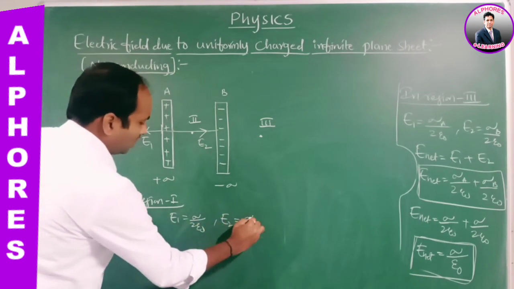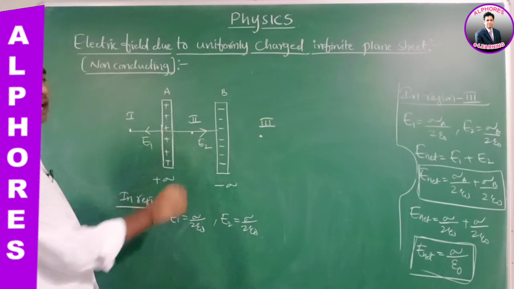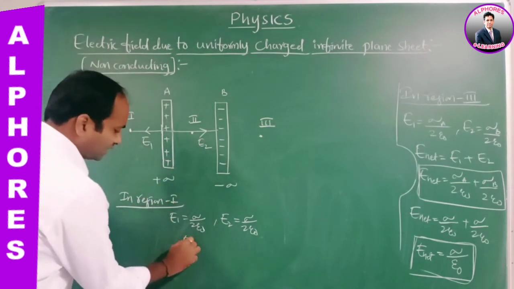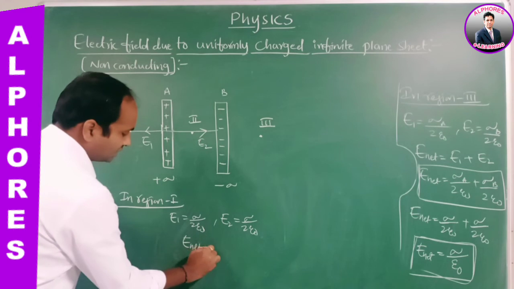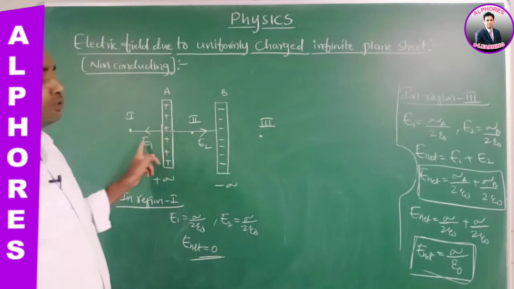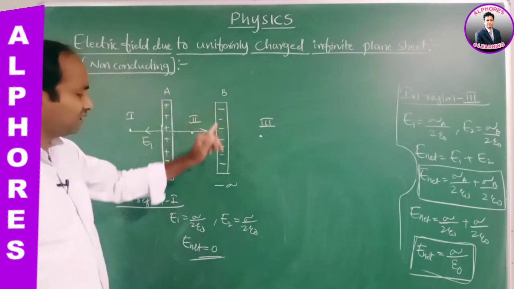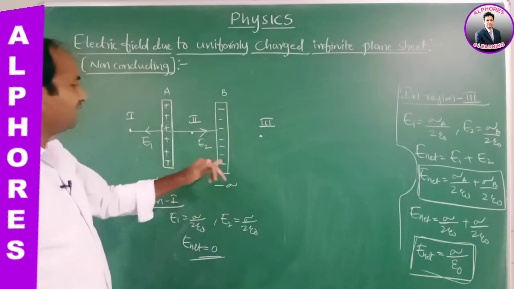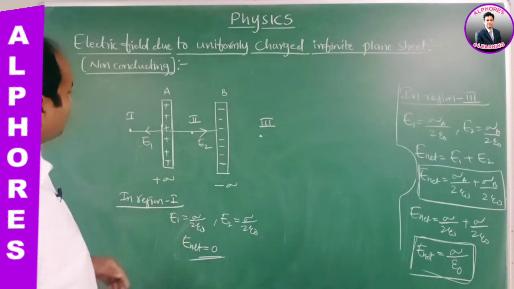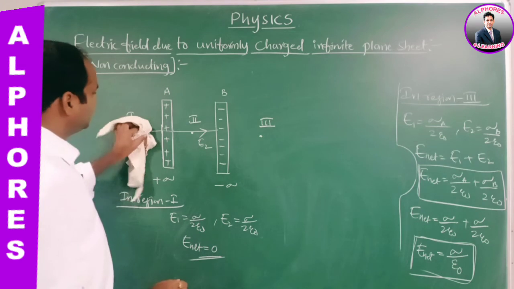E2 is sigma by 2 epsilon naught only. But equal and opposite. The net intensity of electric field is 0. Equal magnitude, opposite in direction, when one of them has positive charge density and the other has the same magnitude of negative charge density. So calculate in between these two plates.